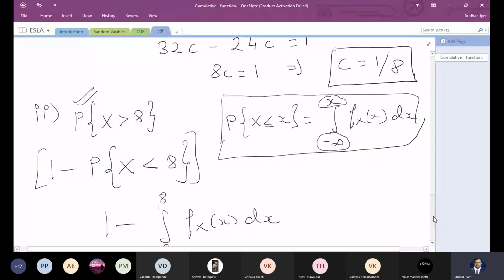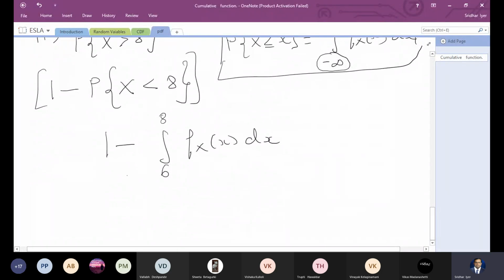So you are starting the experiment at the lowest point, which is 6, and ending at the point where the numerical is asking you to calculate, that is 8. Right? So I can now write this equation as 1 minus the integral from 6 to 8, and now I'll put in the value of the PDF which is given to us, which is c into (x minus 6).